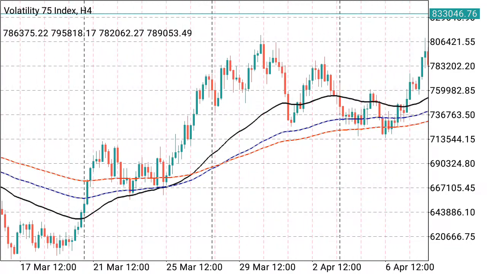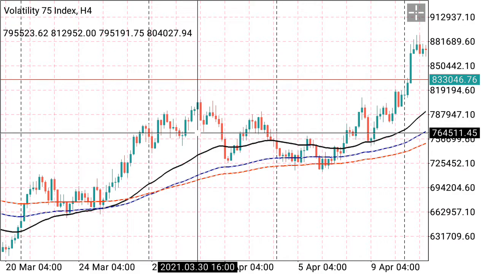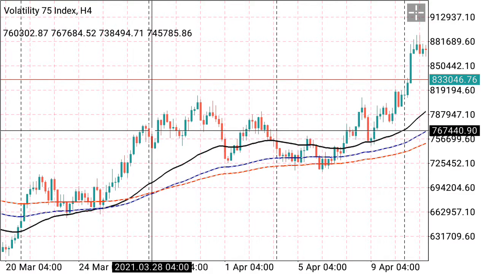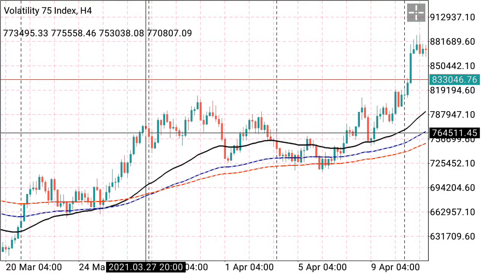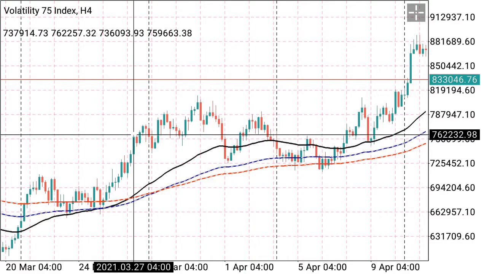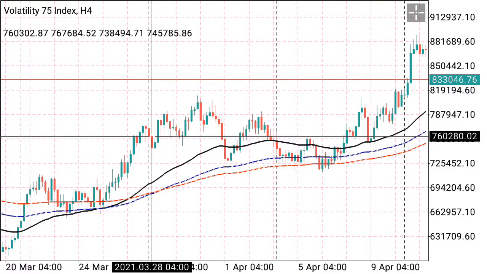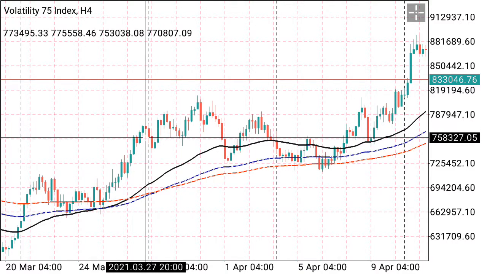So that was that. Then the next week, for the week starting on March 28th, average price was at 765, and the first reaction was a down reaction by the first 4 hours candle, and there were a series of reactions.